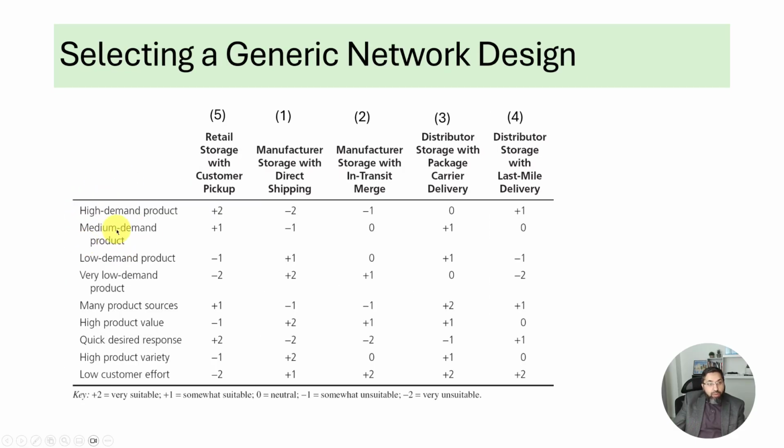But this is talking about the product types that have a high demand, medium demand, low demand, variety, customer effort. This is related to customer service. This table is looking at different dimensions than this table. So you have to look at both tables to see which network is more appropriate.